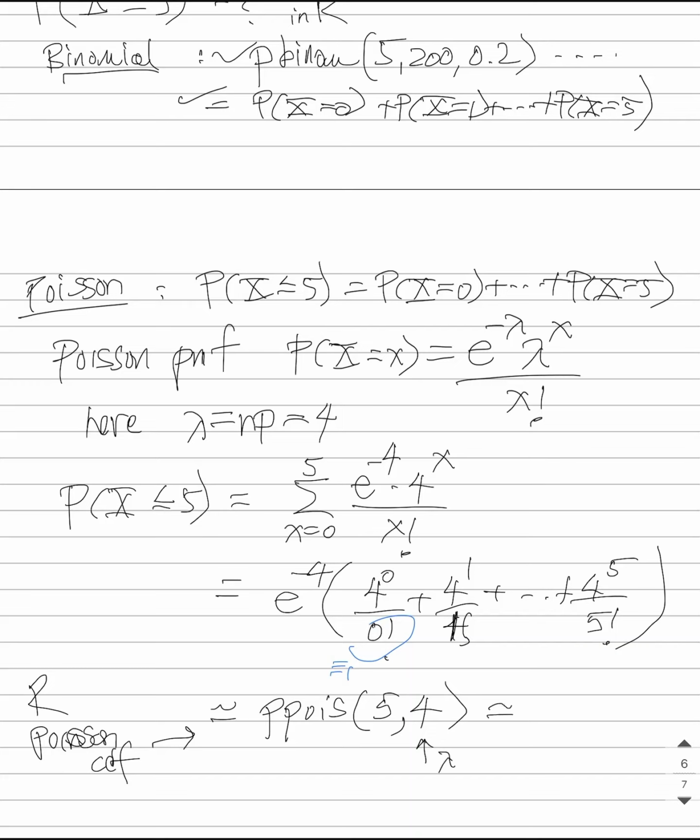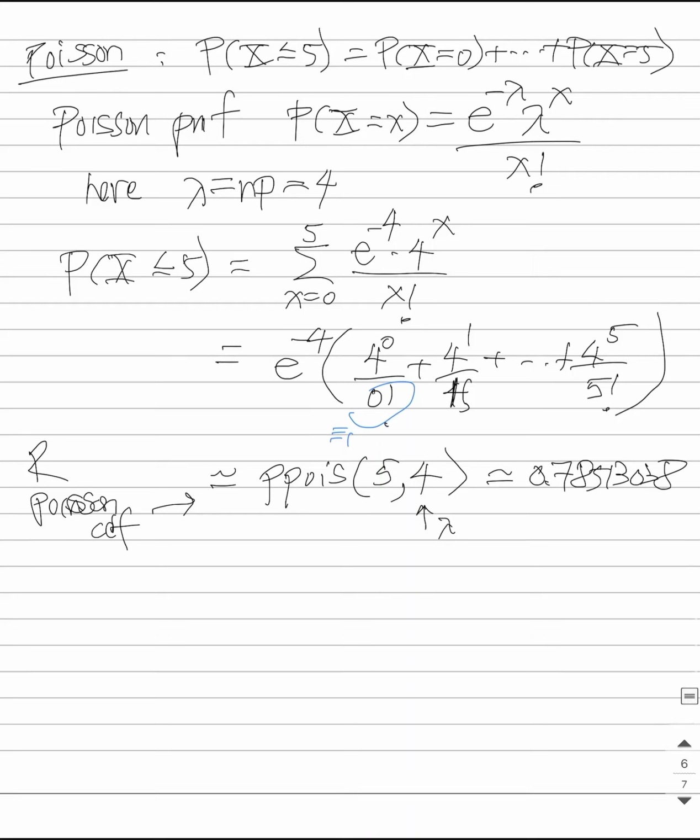What you'd end up with is 0.7851338. There is a fairly high probability that at most 5 defective fuses will be found in the box. Poisson is meant to model rarely occurring events. Not so rare that you'll never see them, but rare enough that this kind of mathematics works.